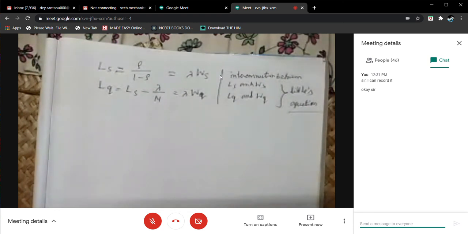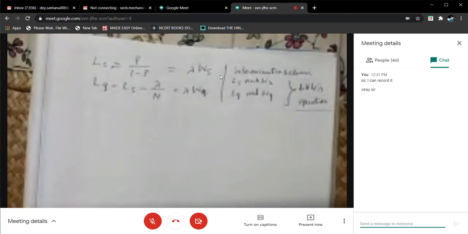Now LS and WS are connected like this: LS equals lambda into WS, where lambda is the input rate, the customer arrival rate. And LQ is equal to lambda into WQ. These are the internal relationships between LS and WS, and between LQ and WQ.